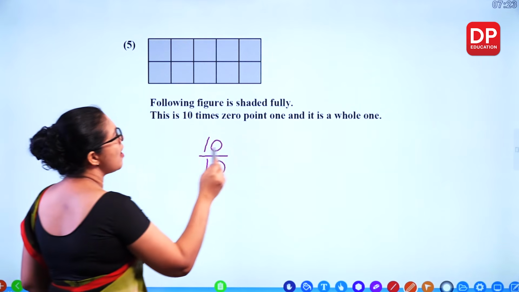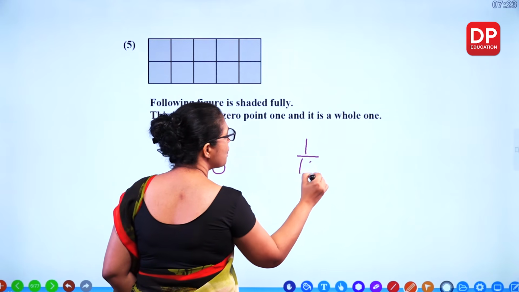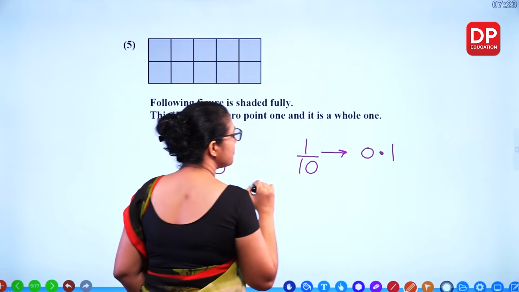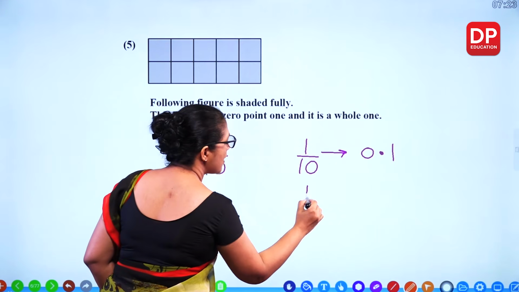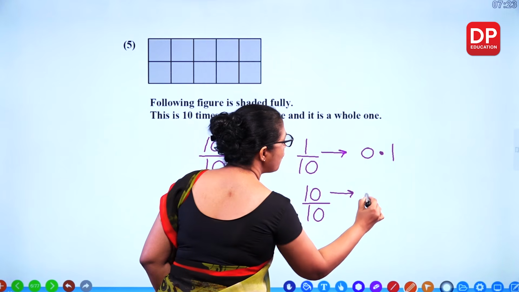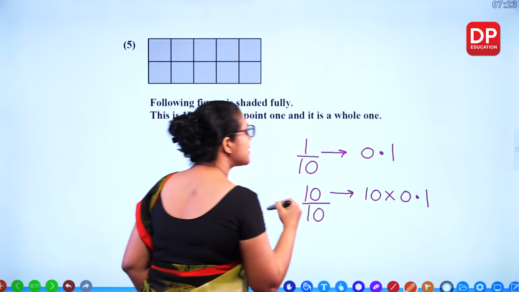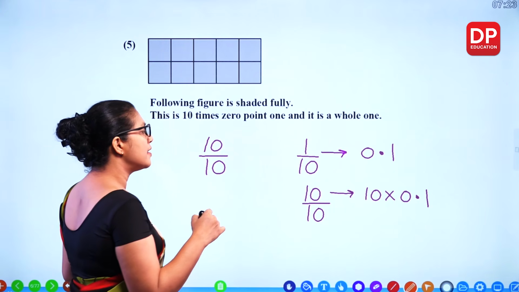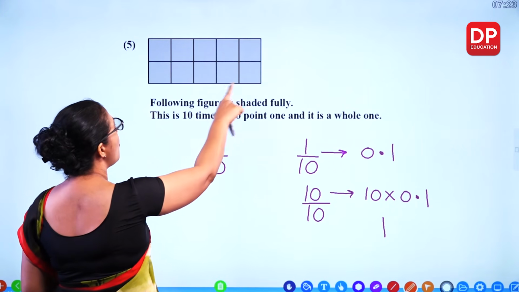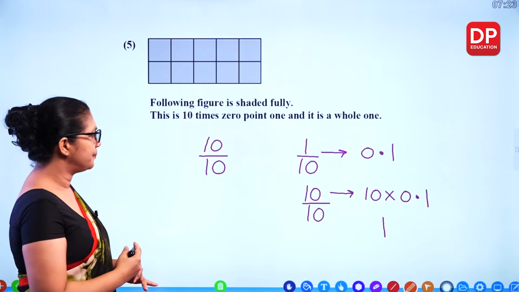So when you are writing this one, if it's one part, 1 out of 10, we know that's 0.1. If it's 10 parts, so that means 10 times of 0.1. So what's 10 times of 0.1? You get 1. So you get whole 1 part. So there's no decimal places there.